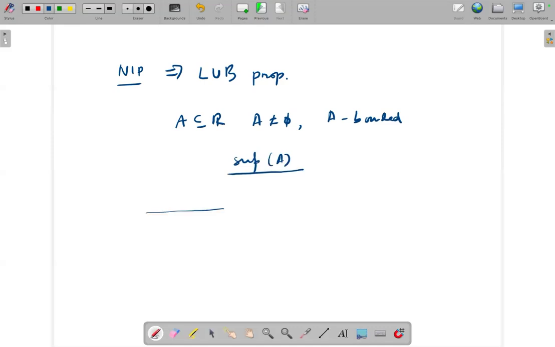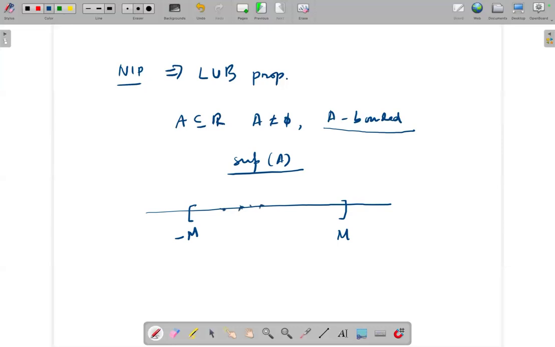So let's look at it graphically. We'll quickly try to prove it graphically. First of all, A is bounded, right? So if A is bounded, it must be in between some interval, something like this. I want to show that it has a supremum. Let's try. So my sequence is somewhere here.